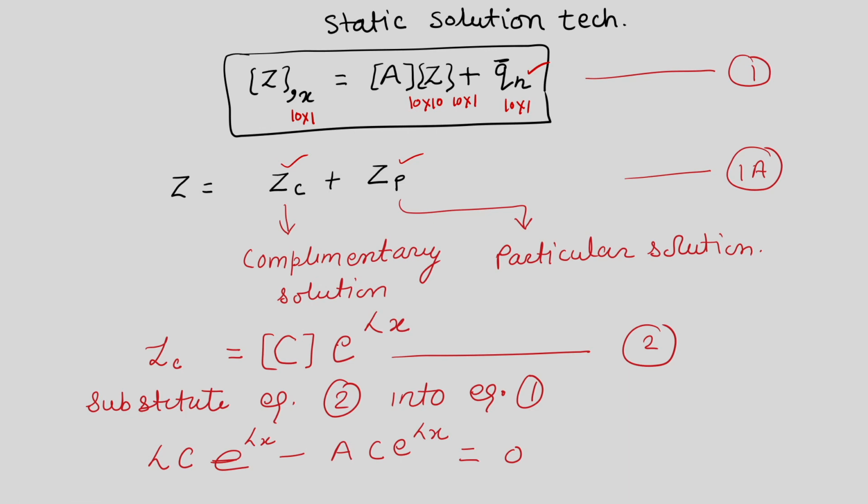So, considering the complementary solution, we first consider Z comma x is equal to A matrix into Z, this part only. So, we can assume the complementary solution Z is equal to C e raised to power of lambda x. When we substitute equation 2 into equation 1, it leads to an eigenvalue equation like this.